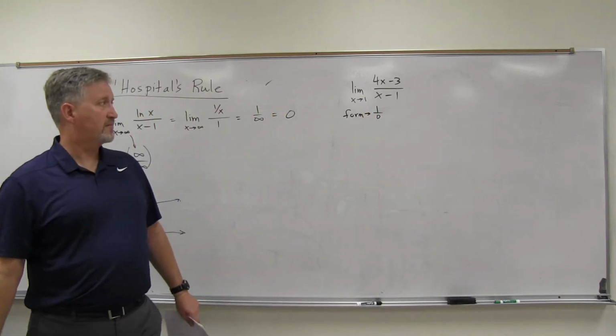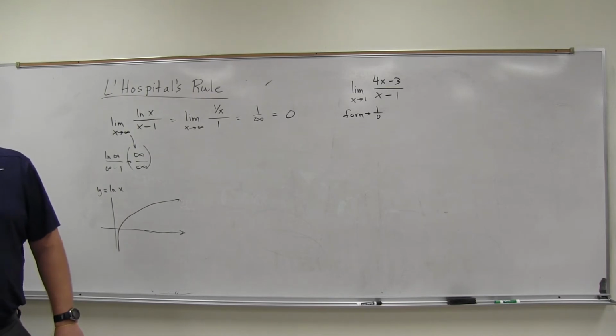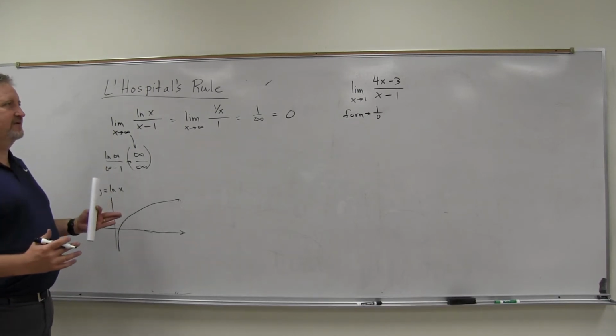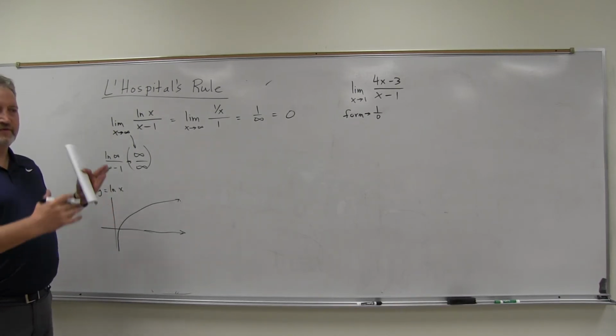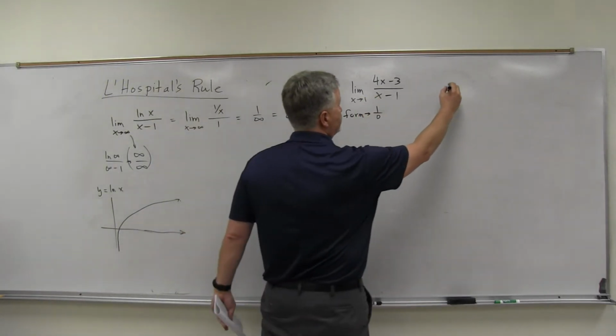The top goes to 1, the bottom goes to 0 if I plug in x to be 1. That's not L'Hopitalable, because the only time you can apply L'Hopital is 0 over 0 or infinity over infinity. If I applied L'Hopital, I'd get 4 over 1, which is 4.